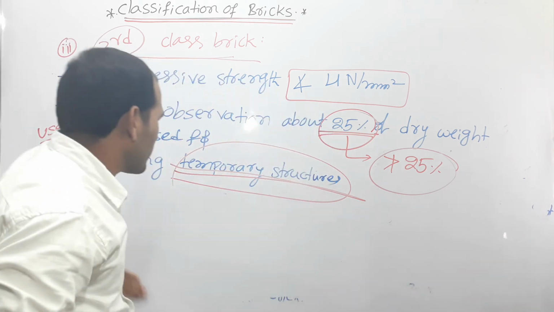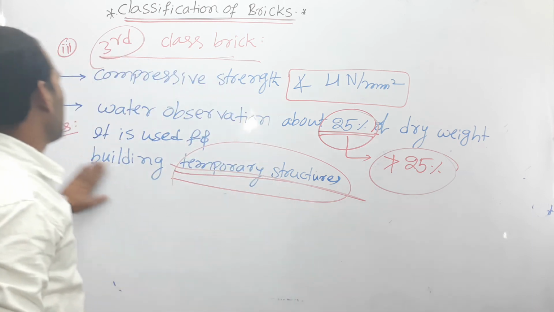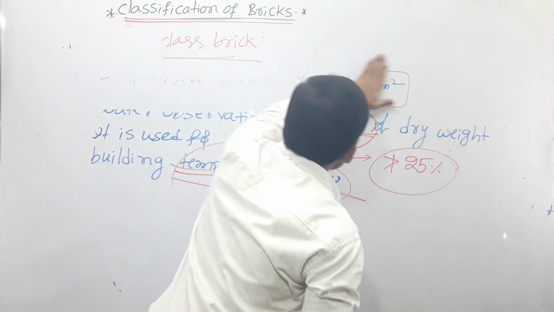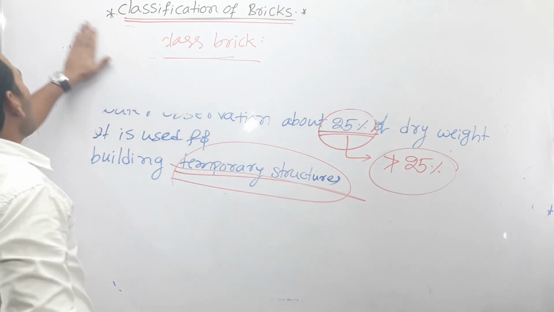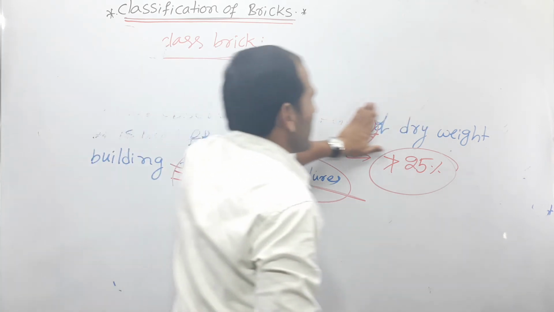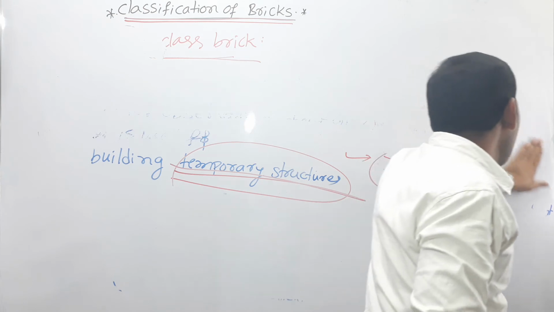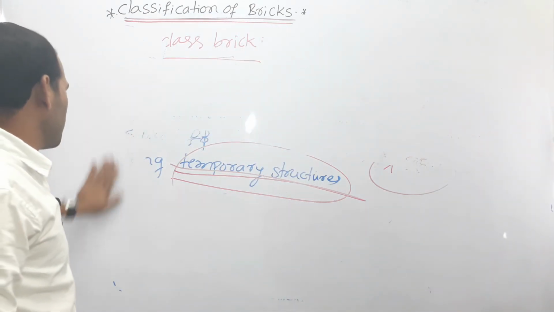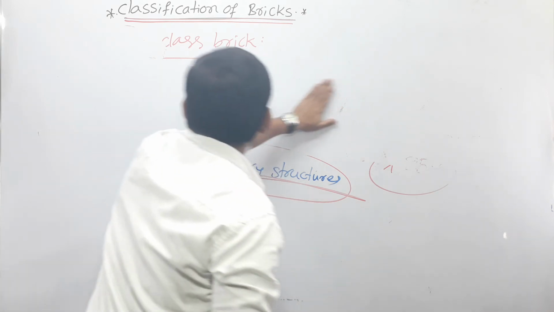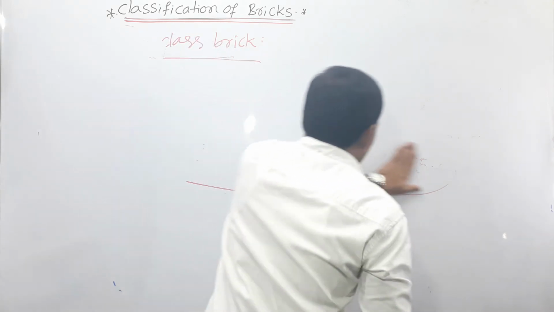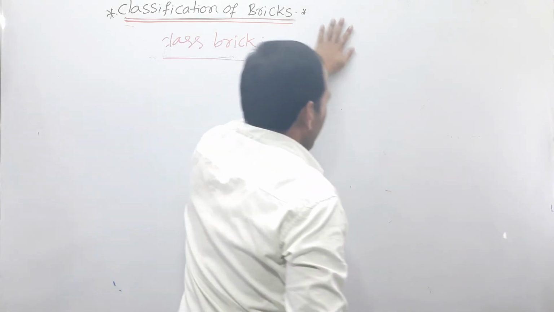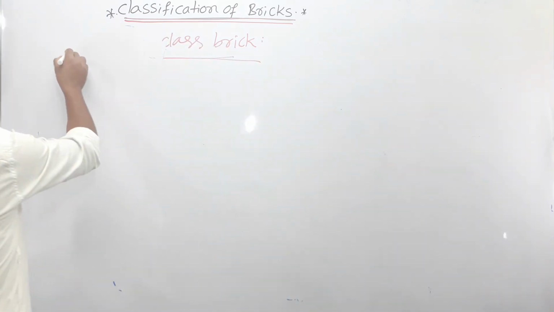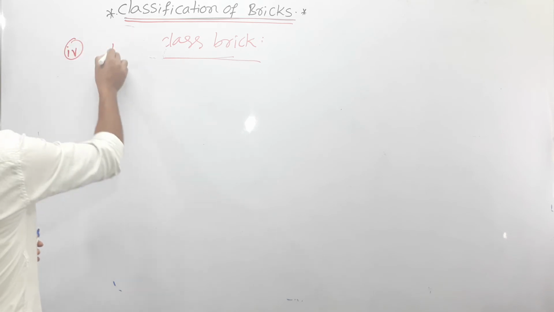What about the fourth class brick? Overburnt and underburnt bricks are considered as fourth class bricks. So the next one is fourth class bricks.